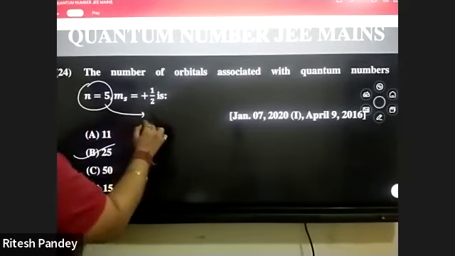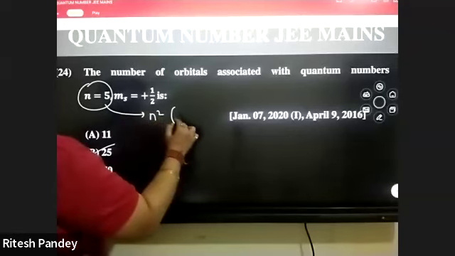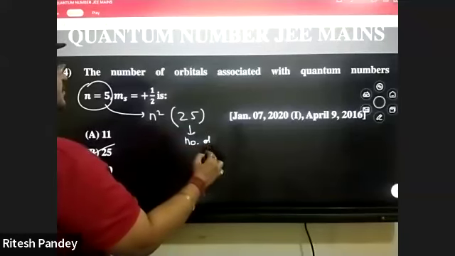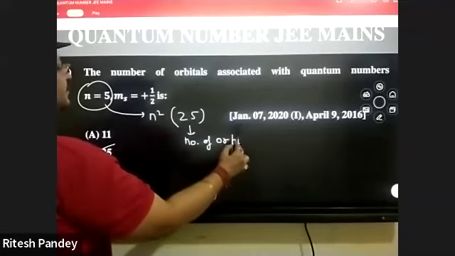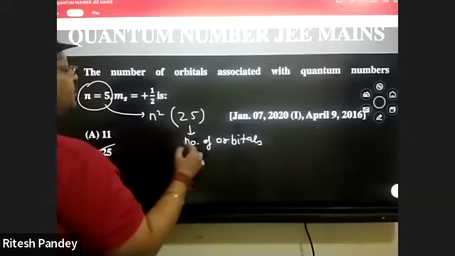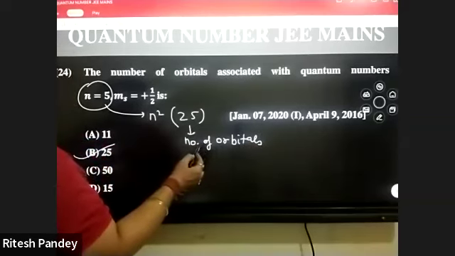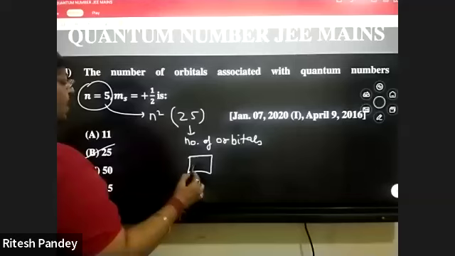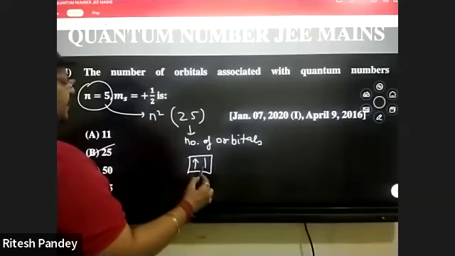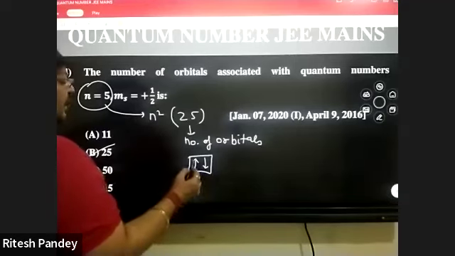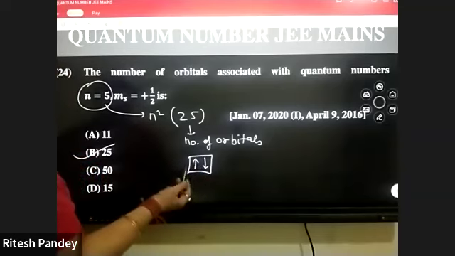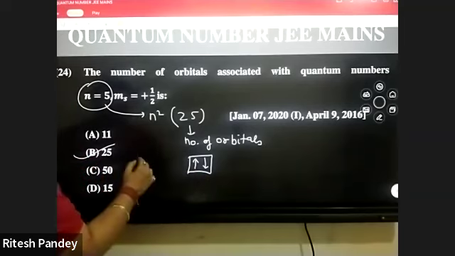N is equal to 5, n square, 25 is the number of orbitals. And in 25 orbitals, we'll have one clockwise, one anti-clockwise. I would have told you that arrowhead up or below means neither clockwise nor anti-clockwise, nor plus half nor minus half.